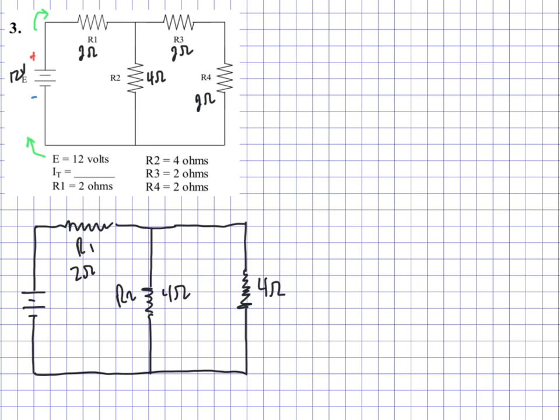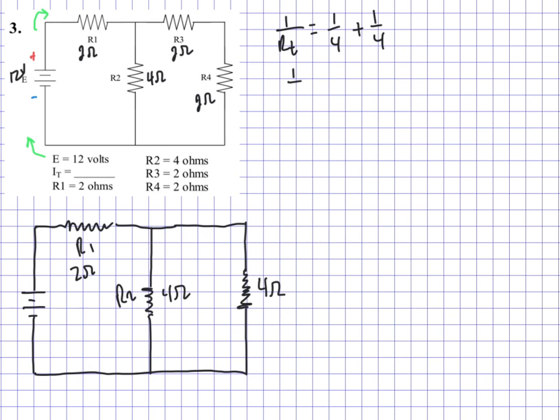In order to do that, I'm going to use our formula: 1 over RT is equal to 1 over 4 plus 1 over 4, which should look familiar. This is the same equation we just did on the previous one, just in a different layout.